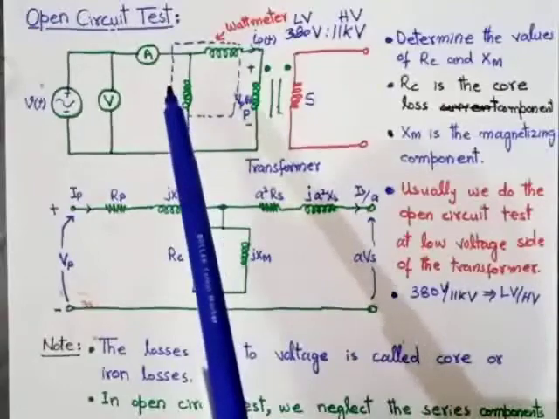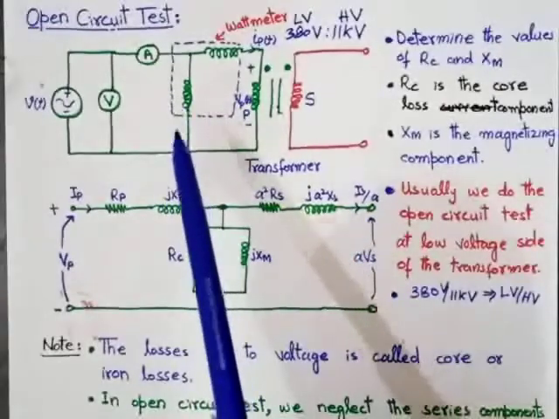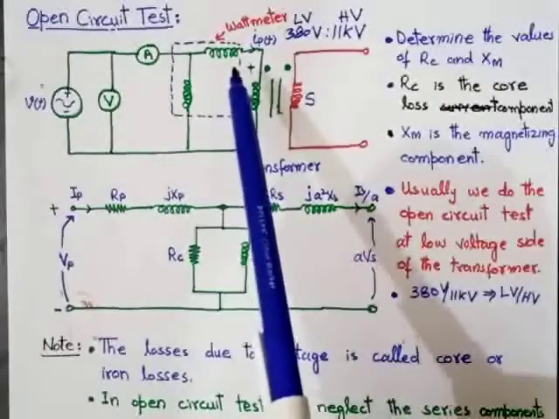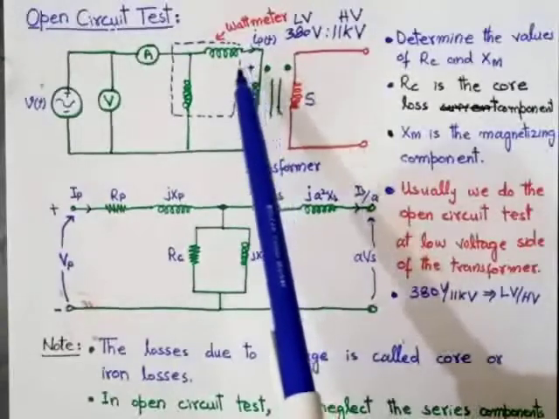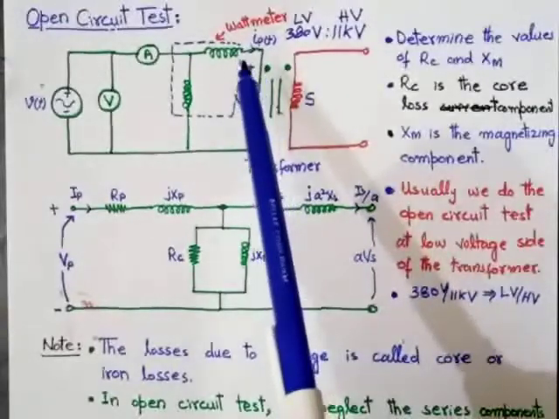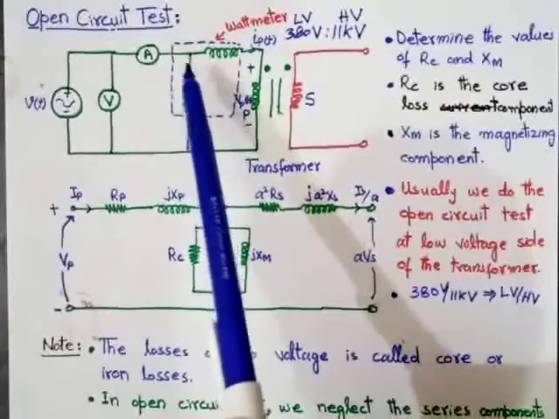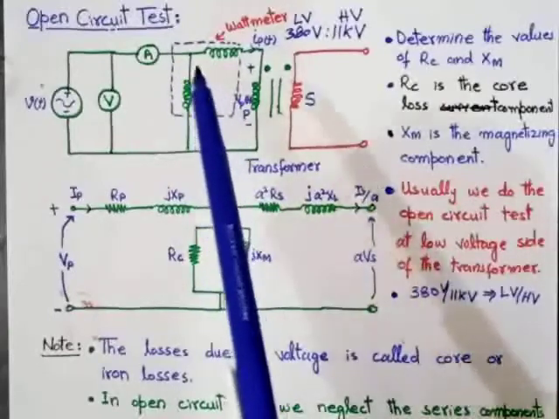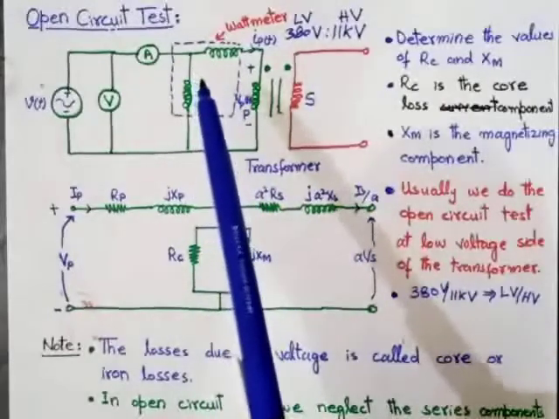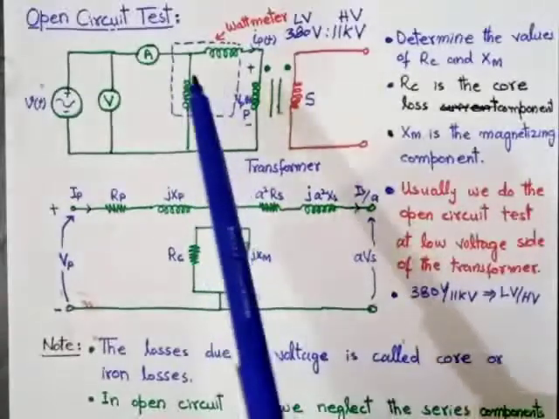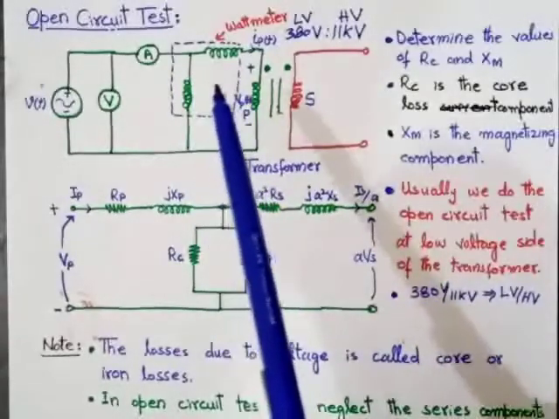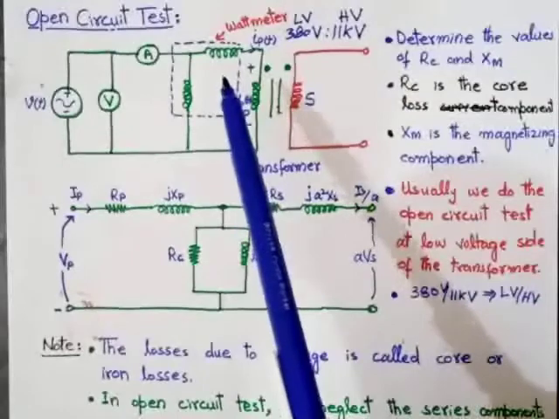We connect the PT point of the wattmeter with the neutral point and the CT point of the wattmeter with the live wire. By using the wattmeter, we can find the open circuit power or core losses or iron losses of the transformer.